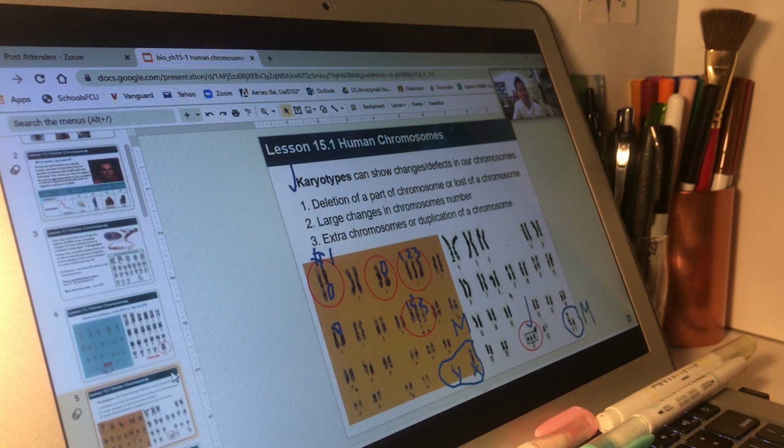Now, where do you get the karyotype? Well, you can get it from your cells right now. Usually karyotypes are taken from the mother. Like let's say a woman's pregnant. After she is pregnant for, let's say, a few months, they take a needle and put it into her body, her uterus, okay? So that's where the baby is.